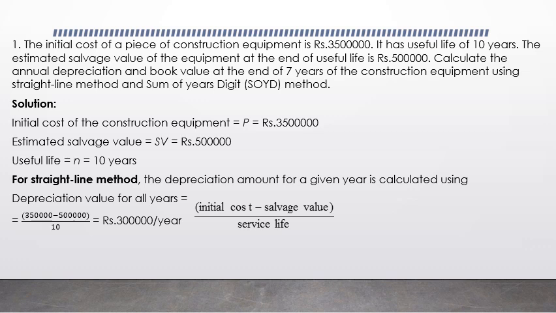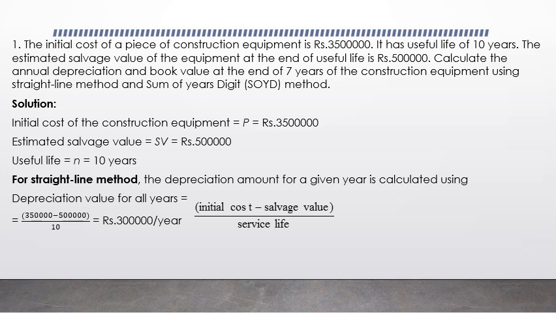First year also 3 lakhs, second year also 3 lakhs, third year also 3 lakhs. So this is the total amount of depreciation per year. If I want to calculate the total amount of depreciation at the end of the third year, simply I have to do 3 lakhs multiplied by 3. So 9 lakhs is the total depreciated amount at the end of the third year.